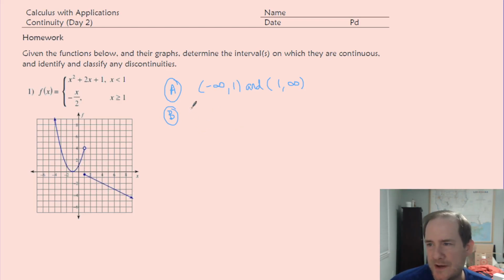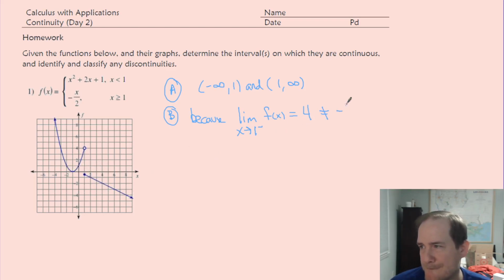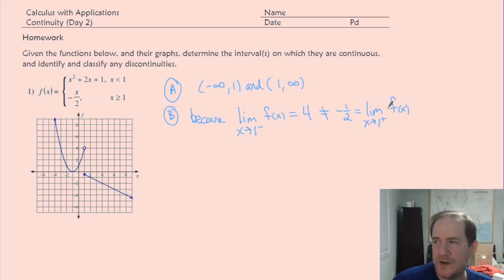So we might say, because the limit as x approaches 1 from the left of our function, which is called f of x, equals 4, and we know that is not equal to negative a half, which is our limit from the other side, there's my limit justification.